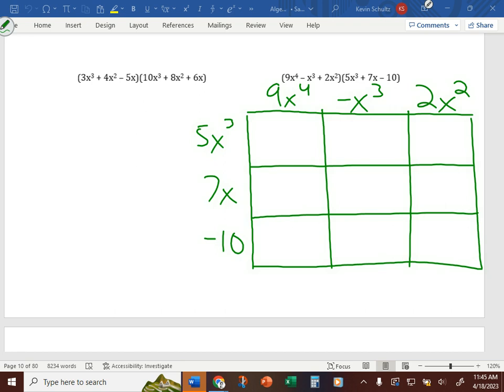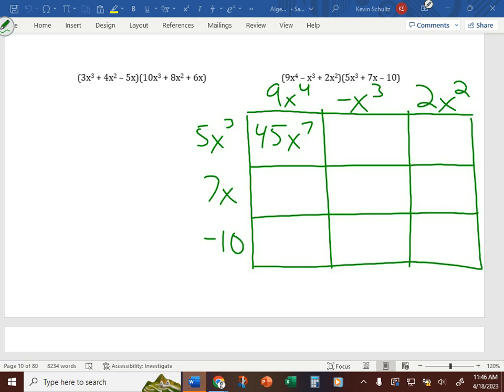9x to the fourth and 5x cubed. What does that give us here? 45x to the... Good. Coefficients multiplied. 9 times 5 is 45. And then 4 plus 3 is x to the 7th. Next box over, 5x cubed times negative x cubed.